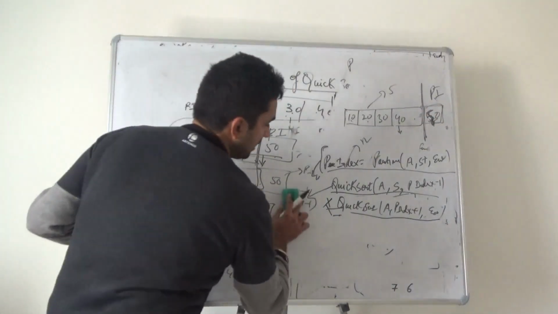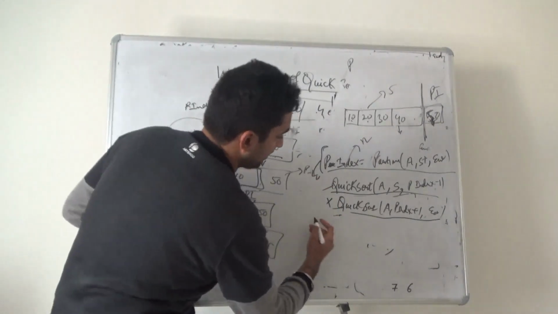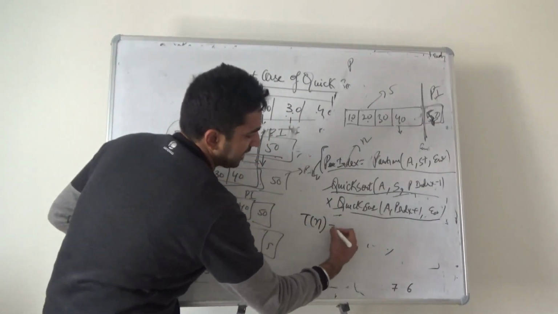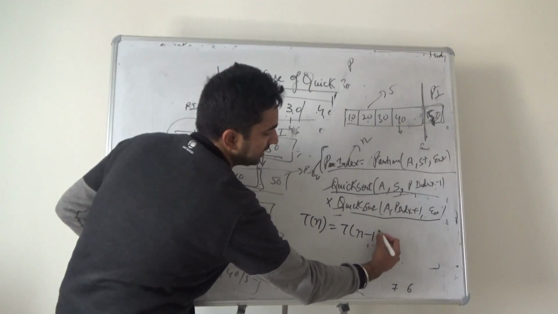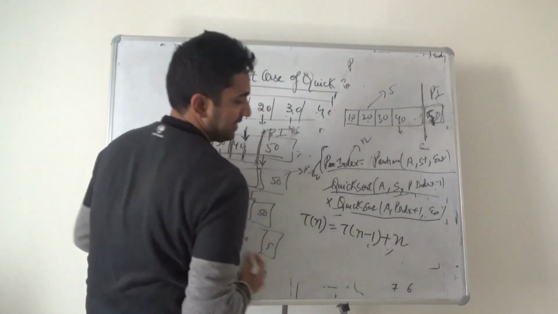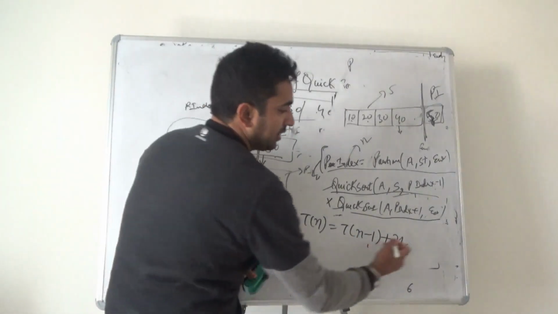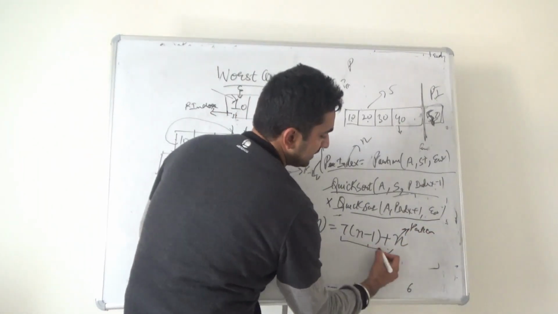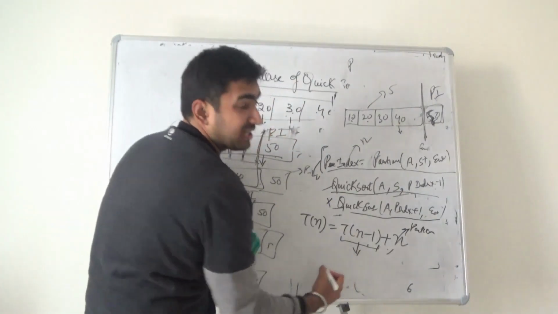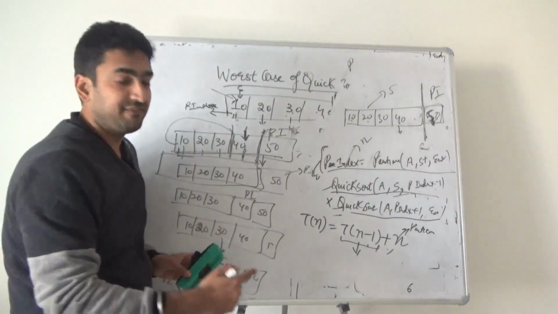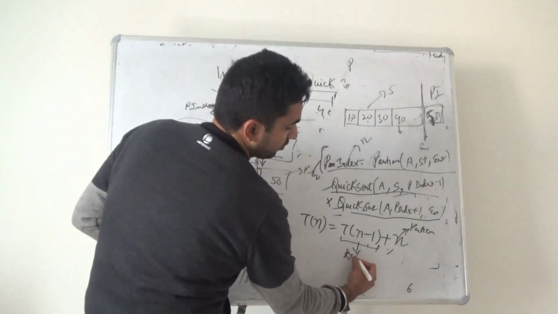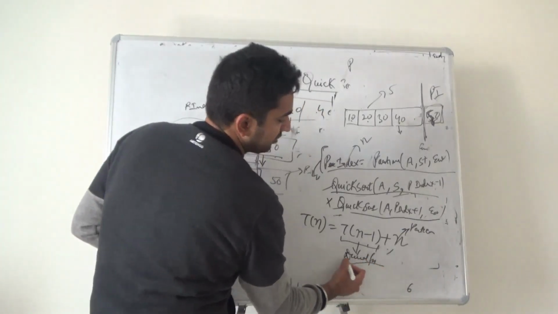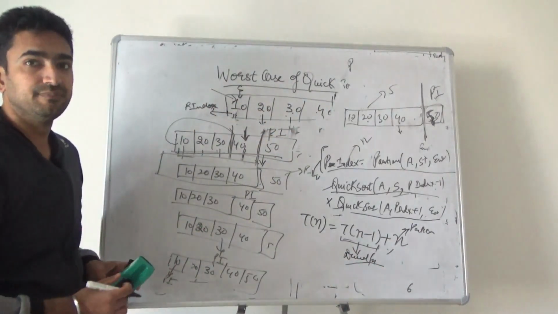So eventually this is your time complexity: T of n is equal to T of n minus 1 plus n. N is for the partition function and this is for whatever initial dividing function you have written. So this was a dividing function which turned out to be a decreasing function.